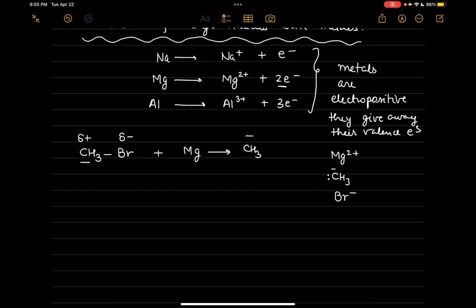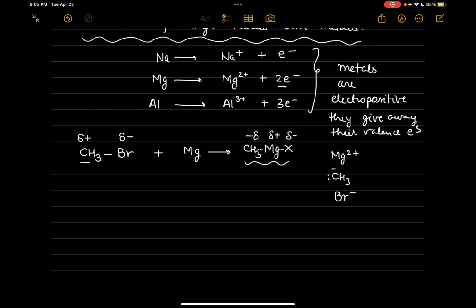Is it clear? Magnesium is a metal, it has a plus charge, and the halogen has a minus charge, but there is some bond also, so it is not completely minus. I'm going to write it as partial minus, partial positive, partial minus. The magnesium is close to plus 2, carbon is close to -1, halogen is close to -1.